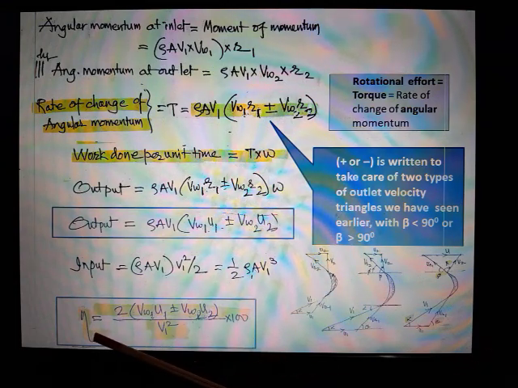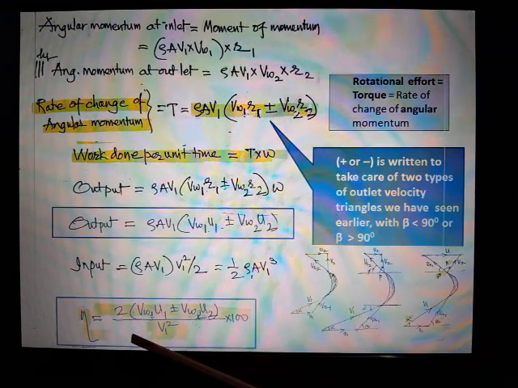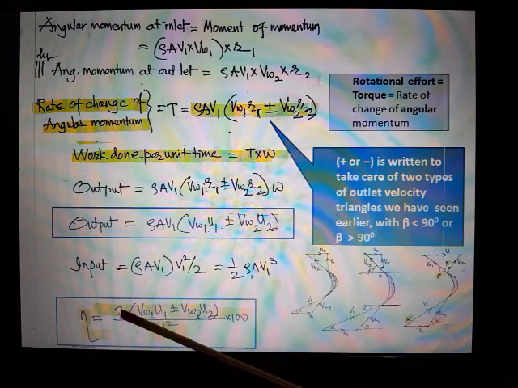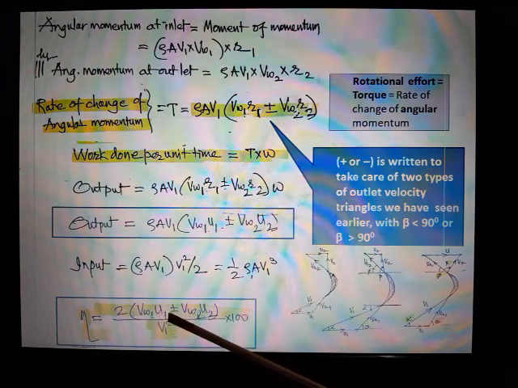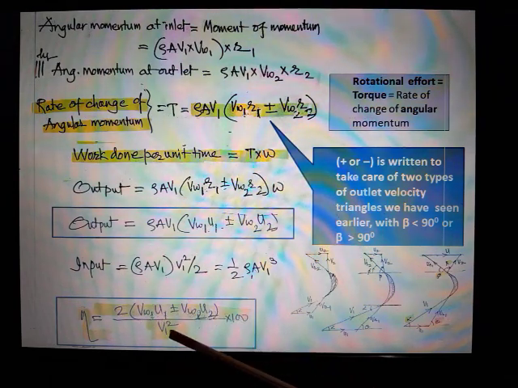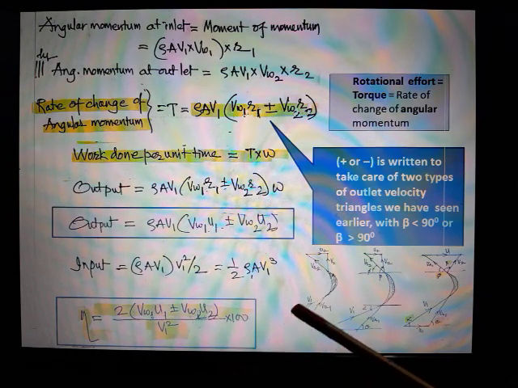Now efficiency is output divided by input. If you simplify, the expression becomes 2 into bracket vw1 u1 plus or minus vw2 u2 divided by v1 squared into 100.